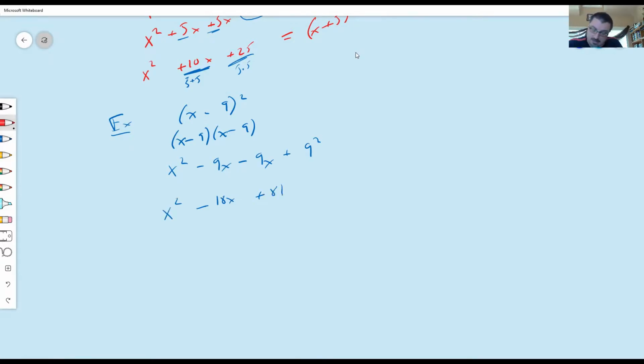And again, take a look. The middle term is 9 plus 9. The last term is 9 times 9. So to be a perfect square trinomial, what you add to get the middle term, you multiply to get the last term.